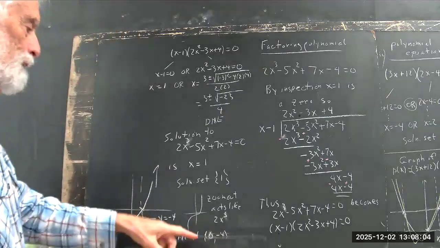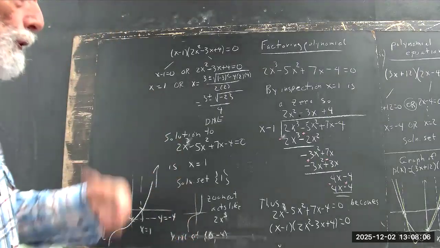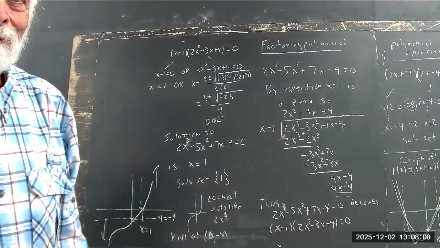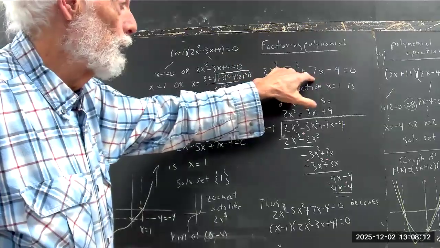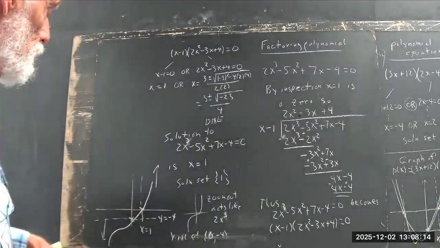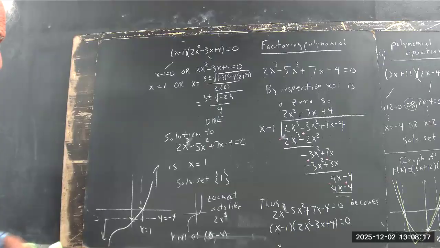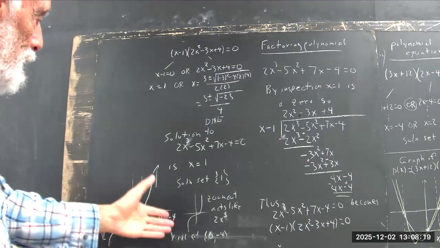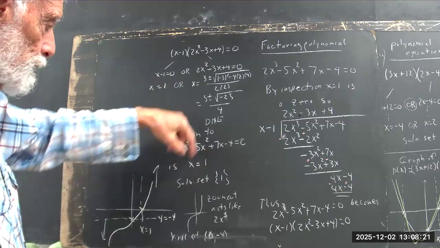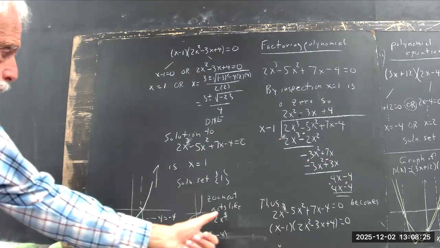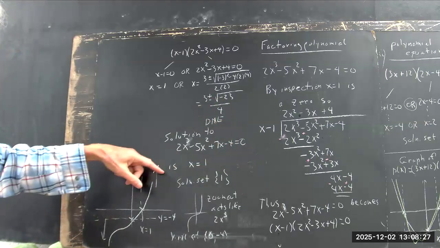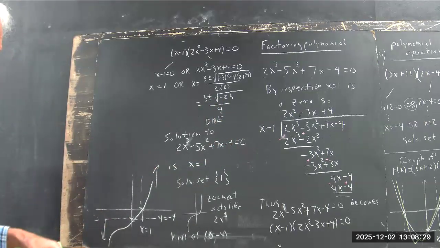That's obvious. The y-intercept occurs when x equals 0, something you can't forget. Plug in 0 to this expression. These three terms are all 0. You get negative 4. Here's your y-intercept. Here's a graph. It acts like 2x cubed, meaning it goes down over here and up over here. So there are our arrows indicating the long run behavior.